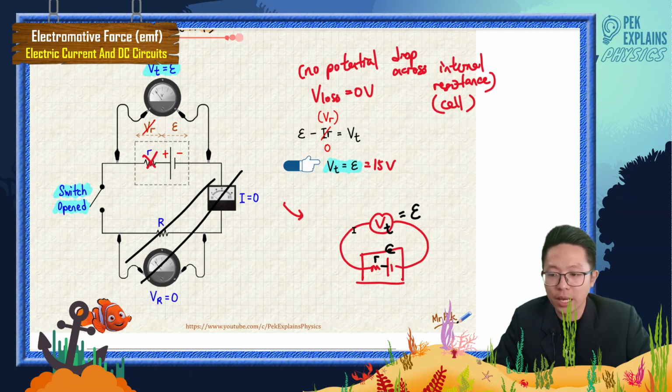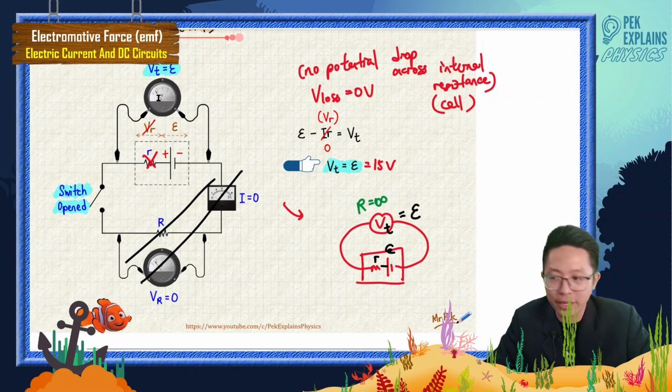Some of you may say, oh, this is a complete circuit, the voltmeter connected directly to the battery, so there should be a current flow. Many questions. Actually, this voltmeter has very, very high resistance. The resistance of the voltmeter is like infinity.